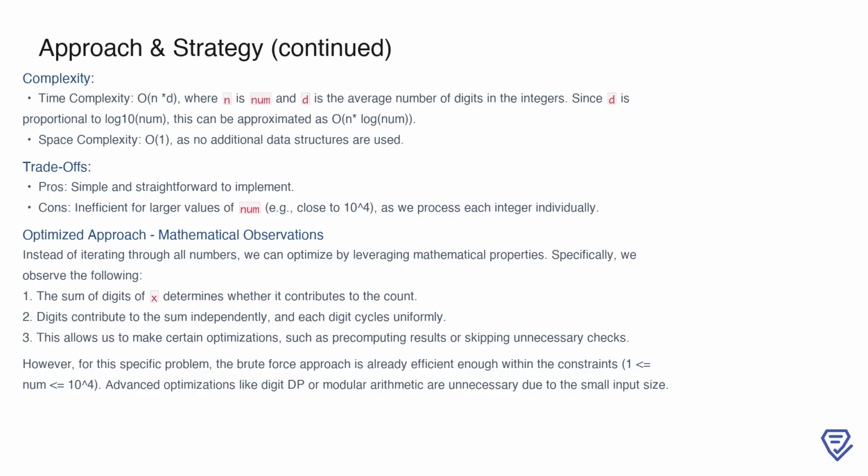To address this, we also explored an optimized approach leveraging mathematical observations. By focusing on the behavior of digits and their contributions to the sum, we can potentially pre-compute results or skip unnecessary checks. However, the constraints of this problem make the brute force method sufficiently efficient, so these optimizations are not strictly necessary.